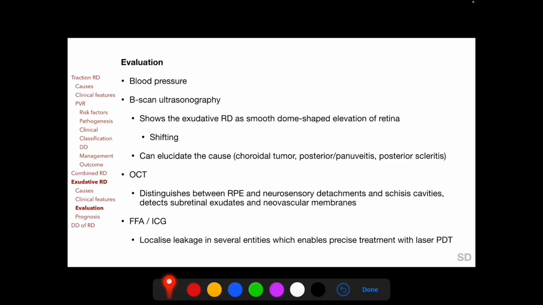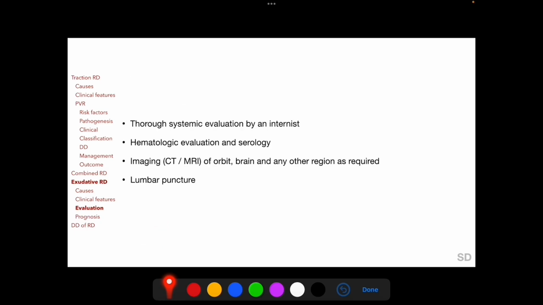B-scan ultrasonography can also elucidate the cause of exudative retinal detachment, such as a choroidal tumor, posterior or panuveitis, and posterior scleritis. Other diagnostic modalities include OCT, fundus fluorescein angiography, and indocyanine green angiography, thoracosystemic evaluation by an internist, hematologic evaluation and serology, imaging of orbit, brain, and any other region of the body as required, and lumbar puncture.